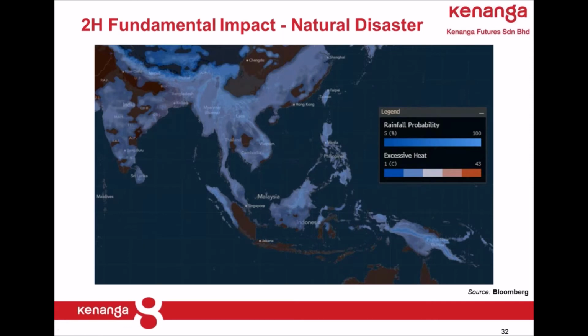This will also result in weaker production of crude palm oil overall, especially in Indonesia, where the logistics of transporting fresh fruit bunches from the estate to the palm oil mill are rather poor, as they don't have a well established logistics infrastructure. So if there is flooding, it will slow the transportation of fresh fruit bunches to the palm oil mill to be processed into crude palm oil.